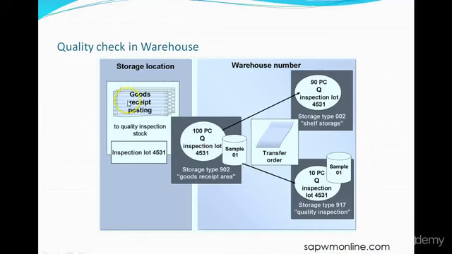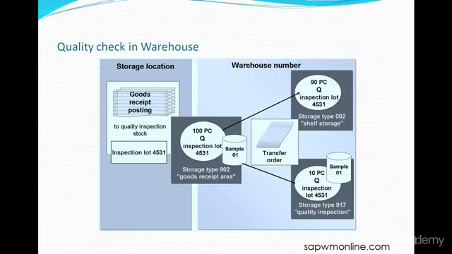So here you have the goods receipts happening, and during the conversion of the transfer request to transfer order, you can control or customize the settings so that the system allows you to create two line items.